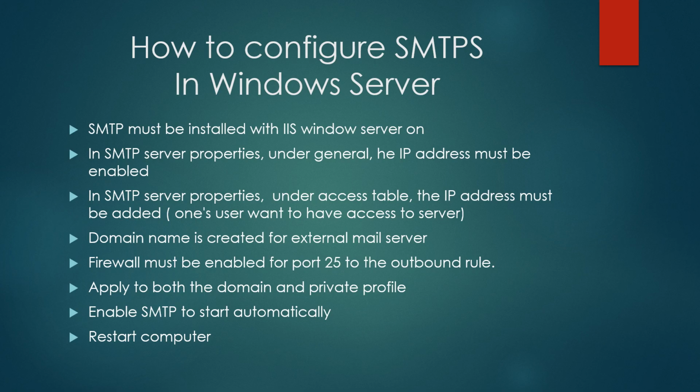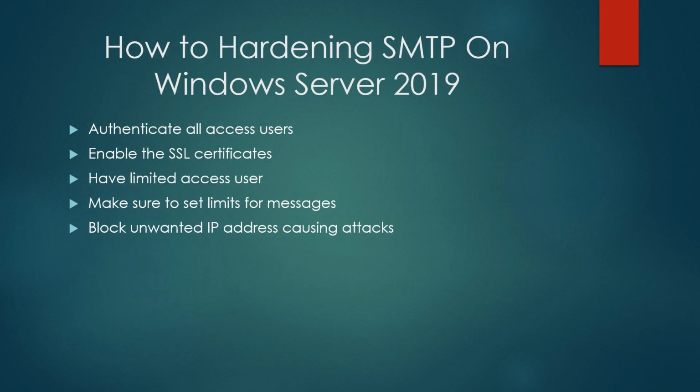But the POP3S is done in Linux, which is Ubuntu. The SMTPS can be done both in Ubuntu and can also be configured in Windows Server. Actually, both of them can, depending on what you are using it for. So how to harden SMTP? You have to make sure to authenticate all access users.